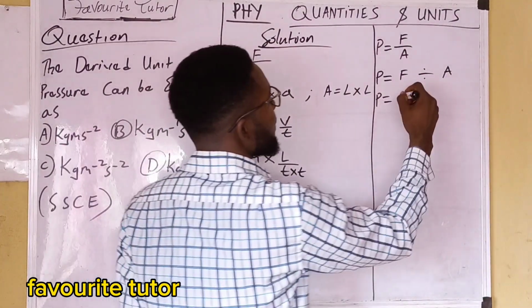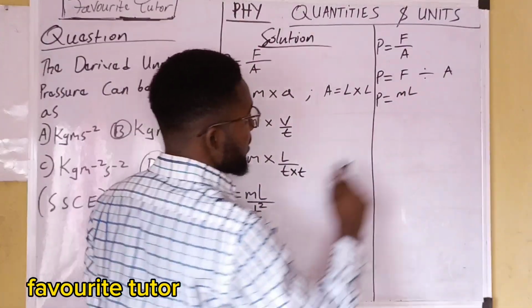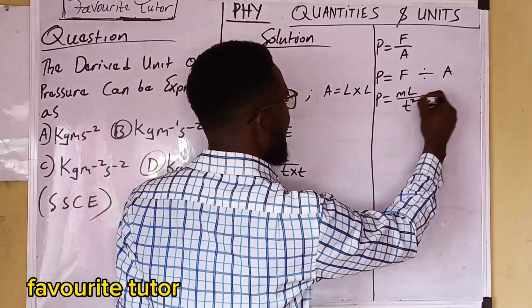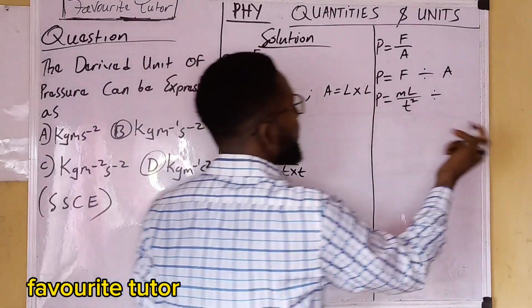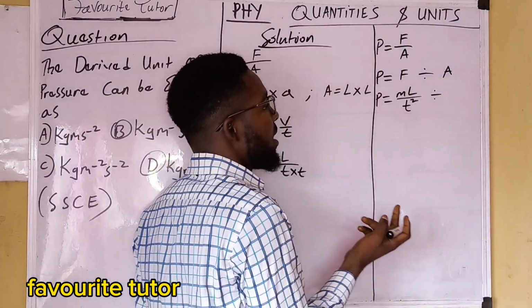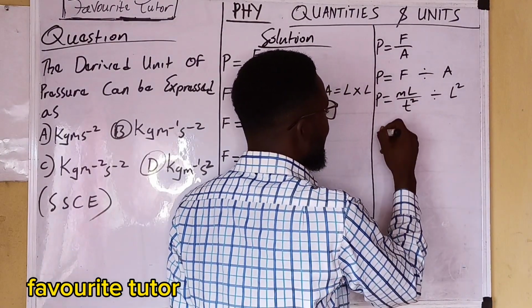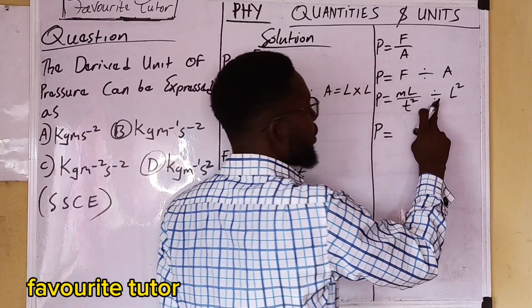This is the force, broken down to the simplest fundamental unit: mass times length over time raised to the power of 2, divided by area. Area is length times length, which is length square.